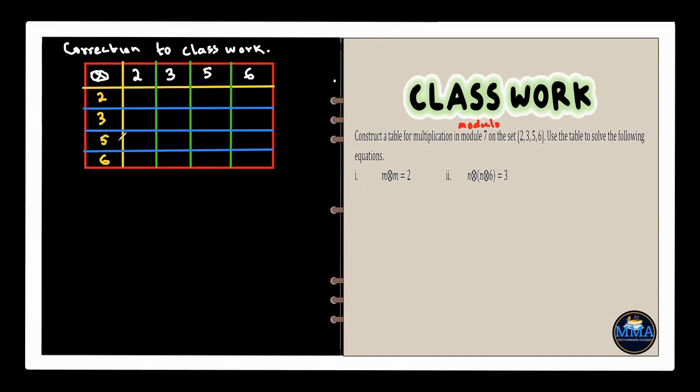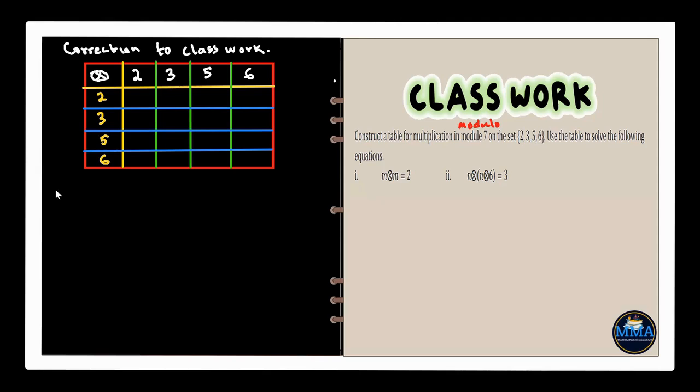So let's look at the correction to the classwork. Now we are asked to construct a table for multiplication in modulo 7 on the set 2, 3, 5, 6. Now let's look at what we'll get here.